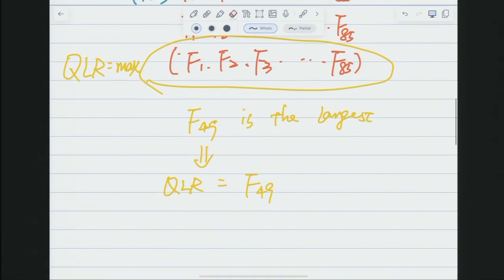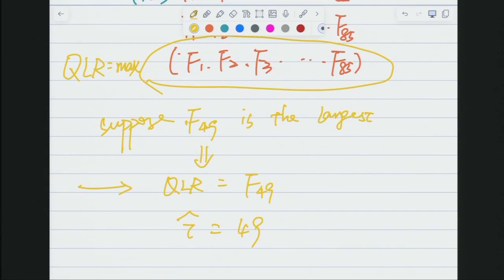In the example we consider here, our tau hat is 49, because 49 is the time index that gives us the largest F statistic in our artificial example. So this is the QLR test.